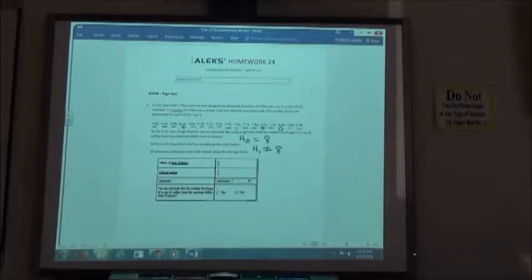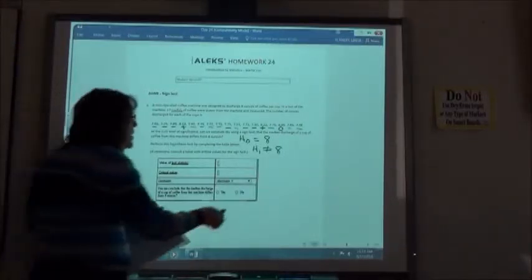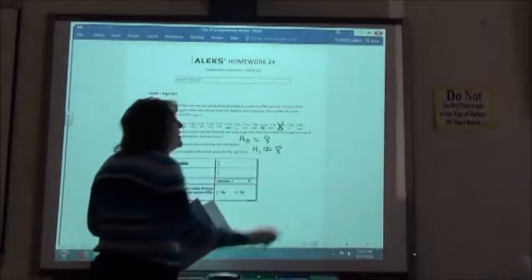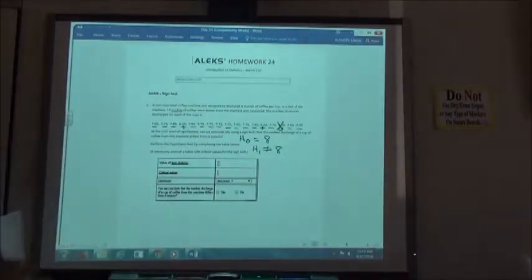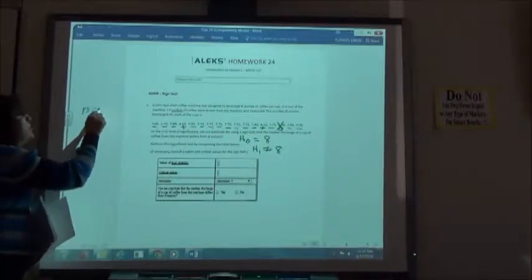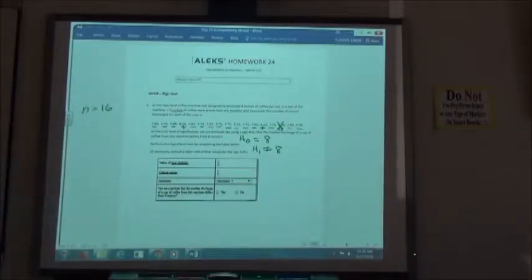So what we want to know here is how many values in our table have a plus or a minus. In other words, we're going to ignore this one that was exactly equal to 8. So now we have n equals 16, because we originally started with 17 numbers on our list, but we had to take one off of our list.